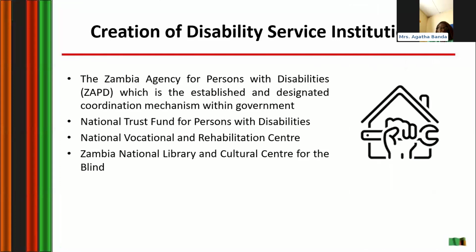We also have the National Trust Fund for Persons with Disabilities. They are responsible for providing financial skills literacy for persons with disabilities. They also issue small loans as startup capital to persons with disabilities in entrepreneurship businesses.